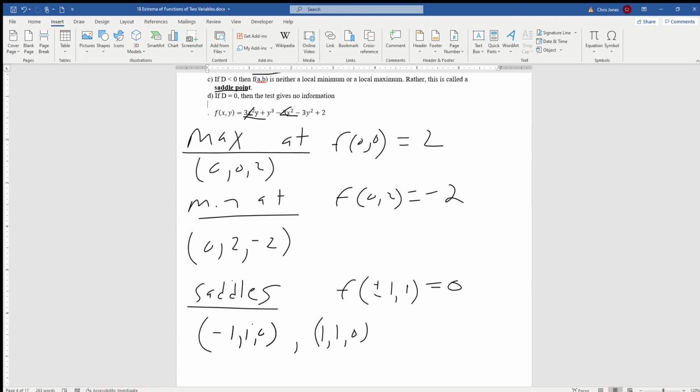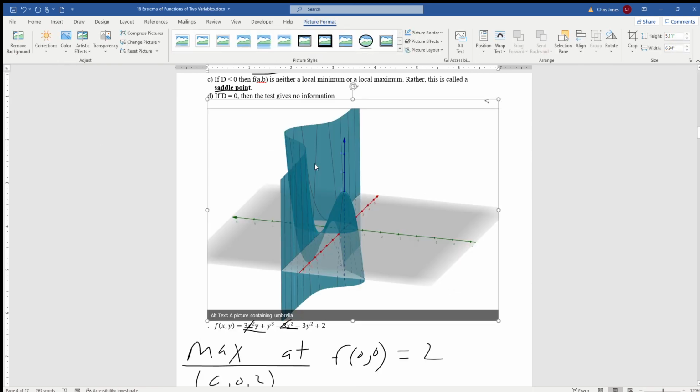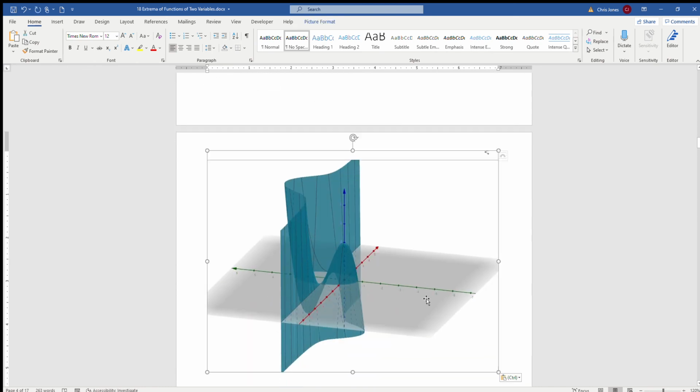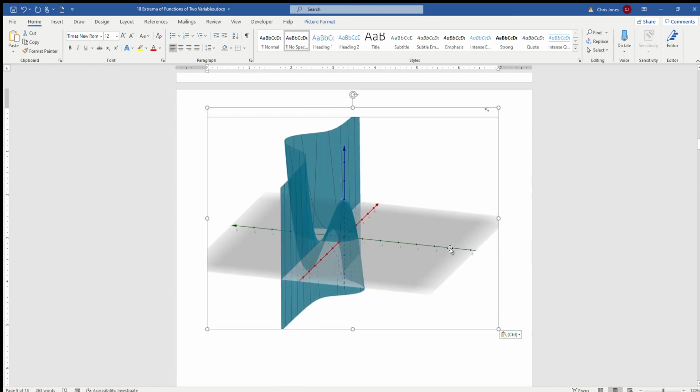And of course, the ultimate test to determine whether any of this works is to look at the graph. So let me go ahead, and I had the graph saved somewhere. Yep, there it is. I just did this one in GeoGebra. So here's our graph of our function.